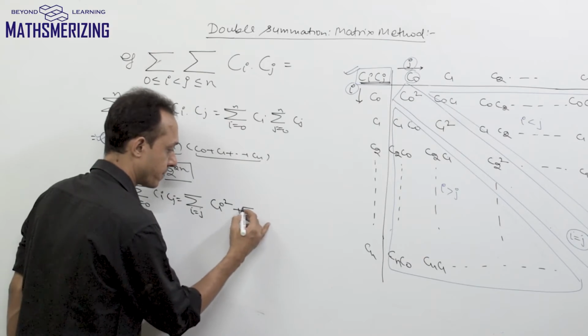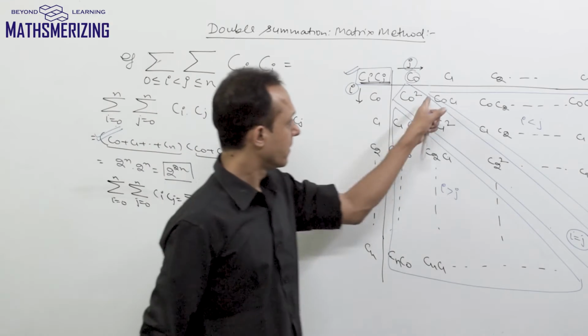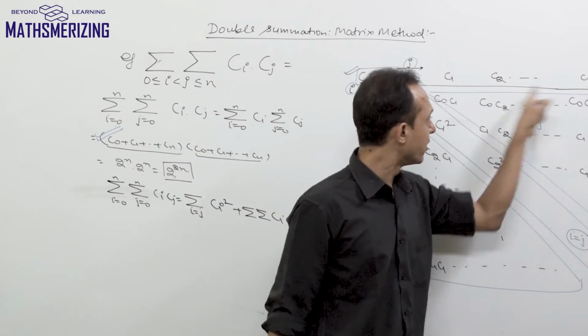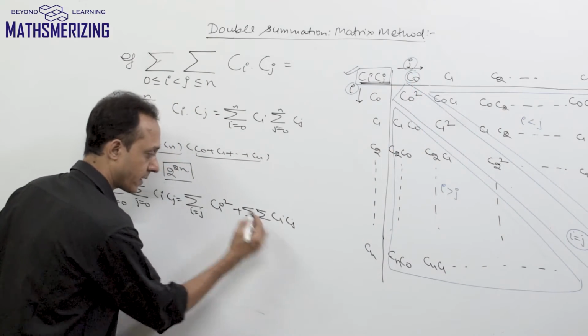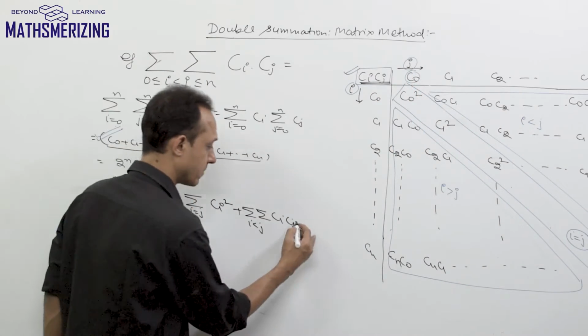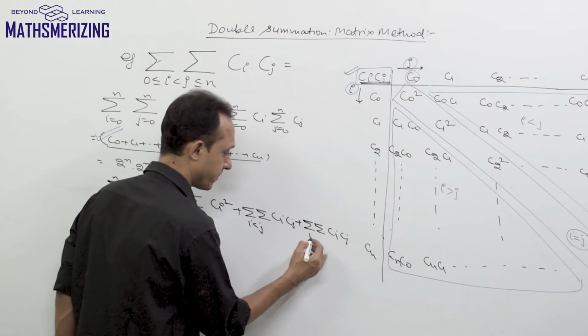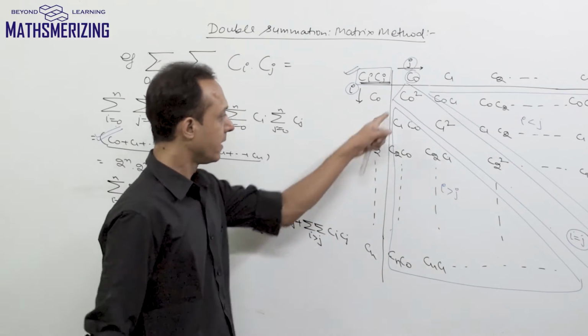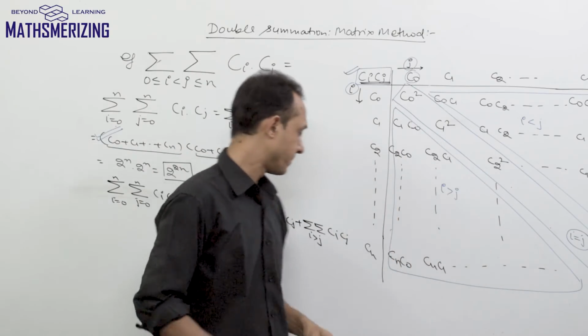Now plus this sum, which is Ci into Cj for all the elements in the upper triangular matrix, so when i is less than j, and then plus sum of all the products Ci into Cj when i is greater than j. That is the sum of all the terms in the lower triangle.